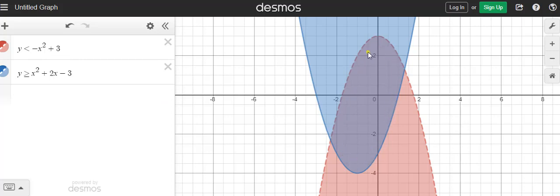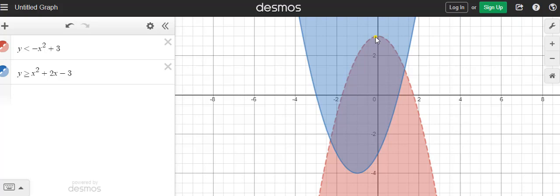Any point that is inside this region, for example 0, 0, will make both statements true. Also, be careful. Since this is solid, any point that lies on the solid line, for example 0 and negative 3, will make both statements true.